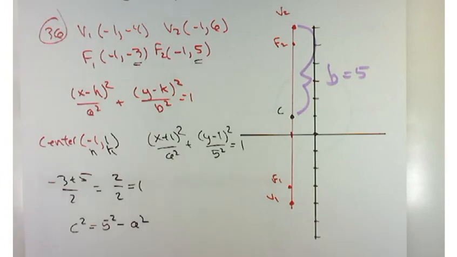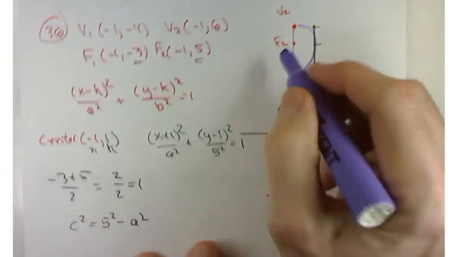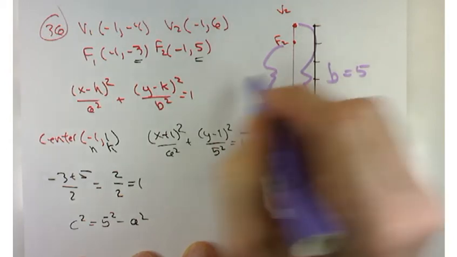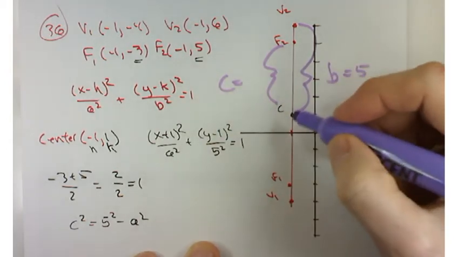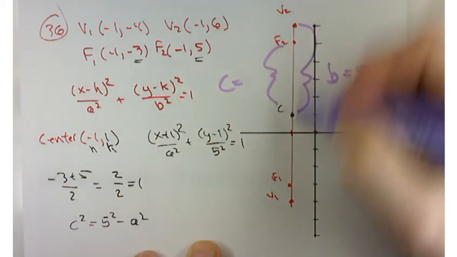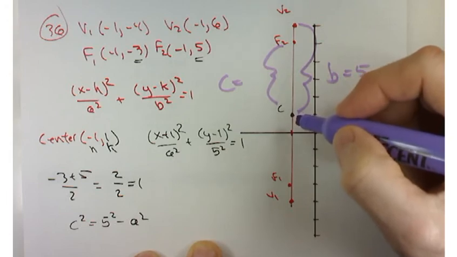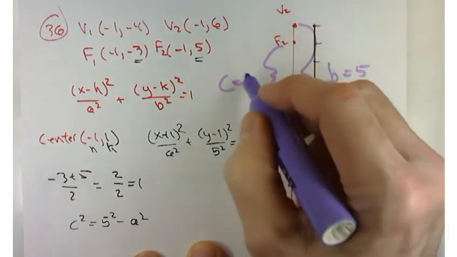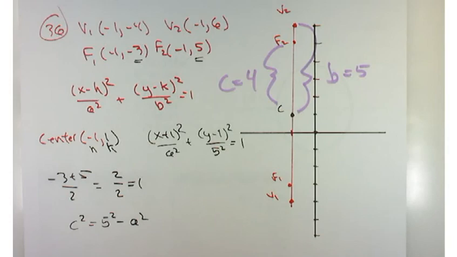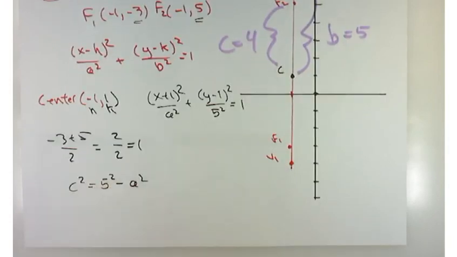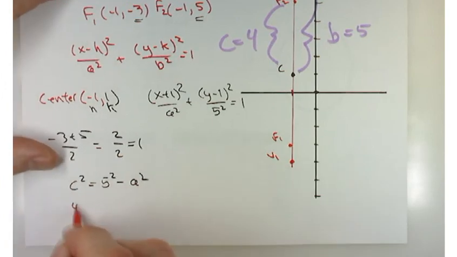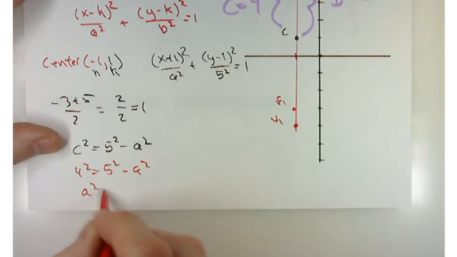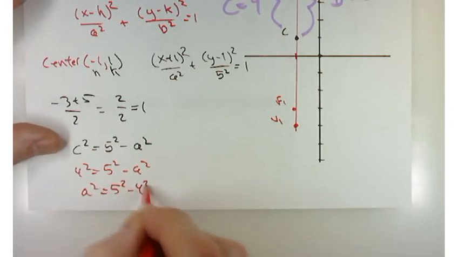Not quite. c is going to be this distance. c is the distance between your center and one of the foci. So what's that distance? 4. So putting that all together, I get 4 squared equals 5 squared minus a squared, or a squared equals 5 squared minus 4 squared, which is 25 minus 16.